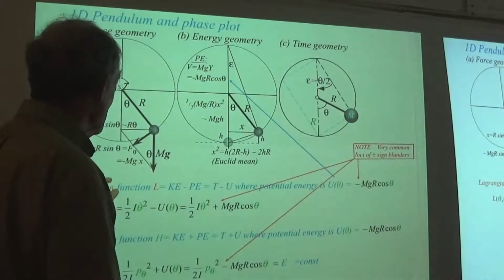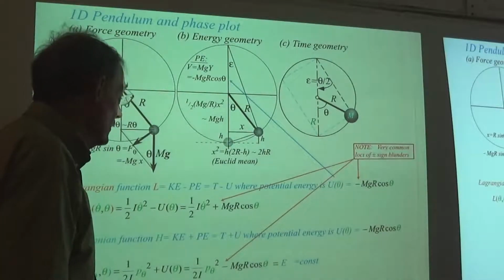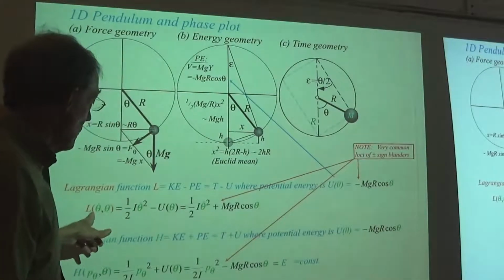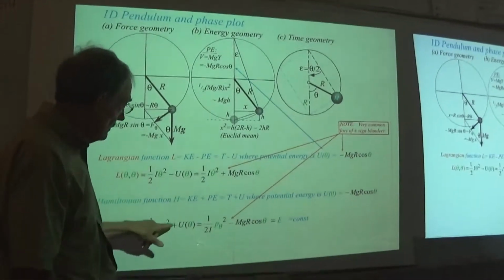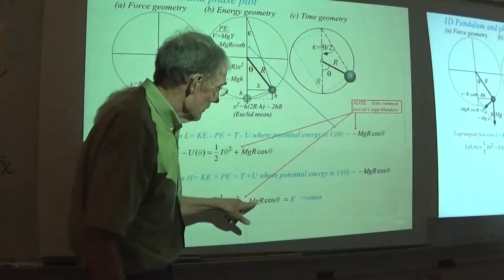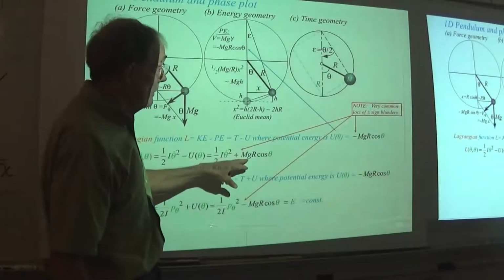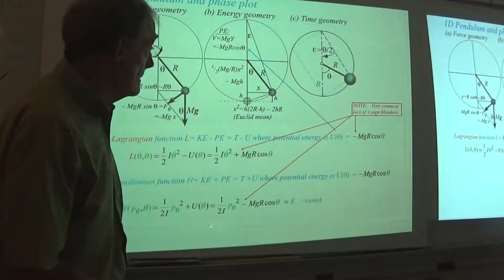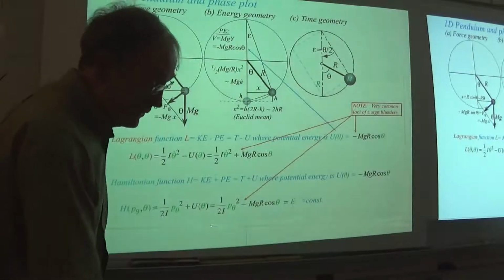That is one of the things that can go wrong here. But the idea, of course, is that the Lagrangian is a difference, has a minus to U, the Hamiltonian has a plus to U, you see. So we finally end up with the minus sign on the cosine, whereas this one has the plus sign on the cosine.